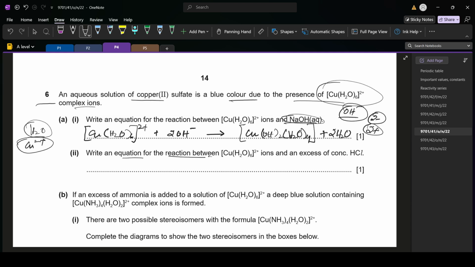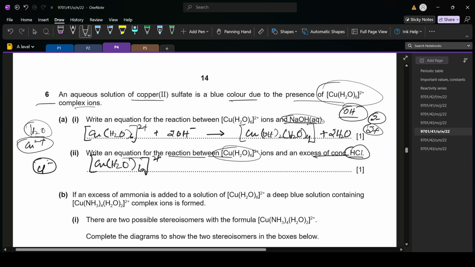Write an equation for the reaction between this complex ion of copper and an excess of concentrated HCl. When the complex reacts with chloride ions, the Cl minus ions are bigger, so the geometry of this complex will change from octahedral to tetrahedral.